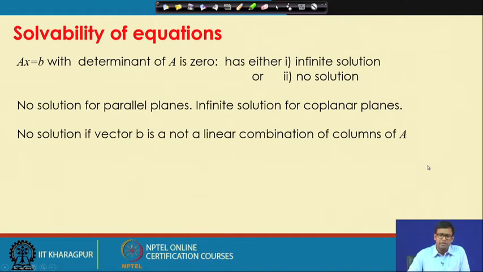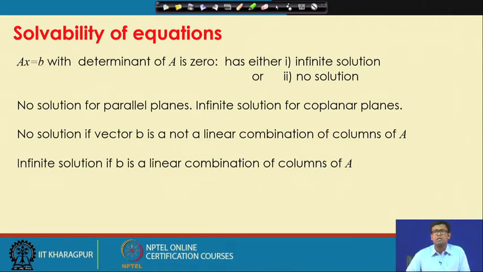No solution if vector b is not a linear combination of the columns of A. If vector b is also a linear combination of the columns of A, then there are infinite solutions.